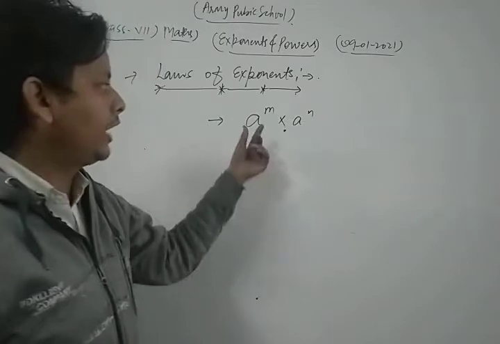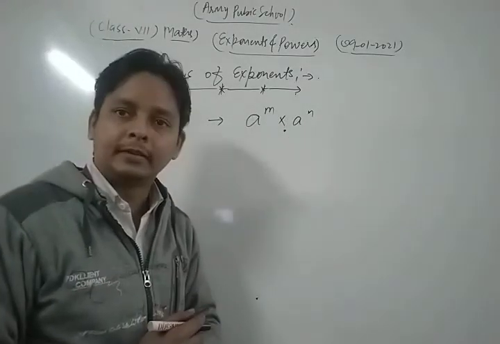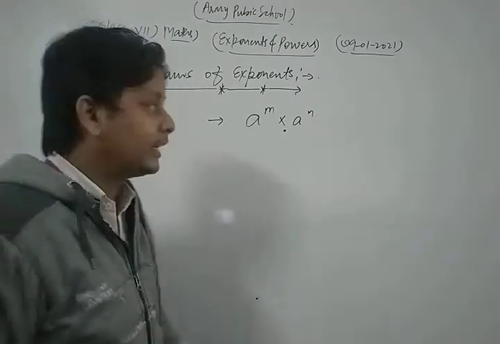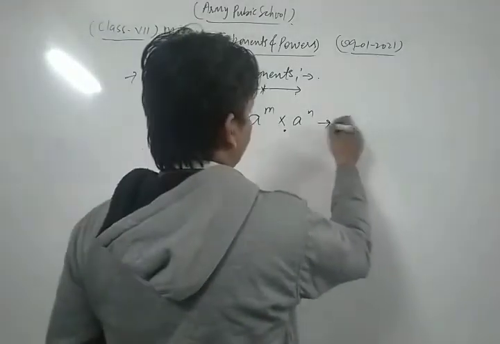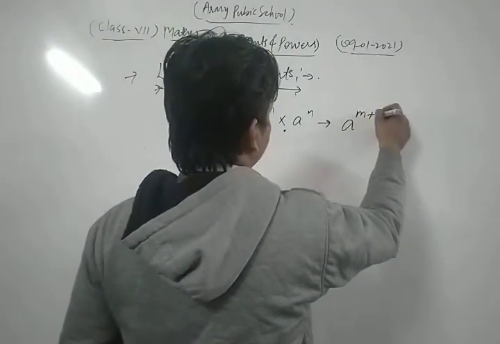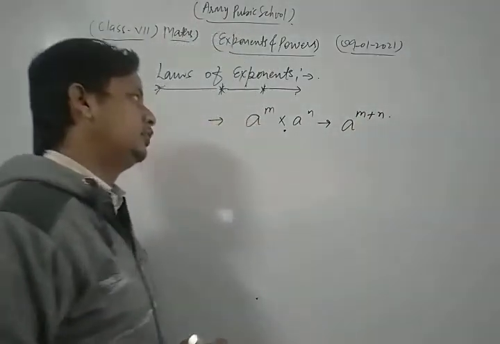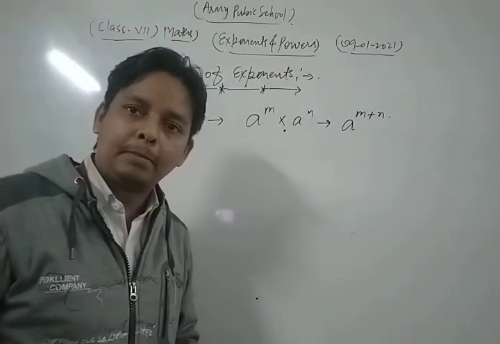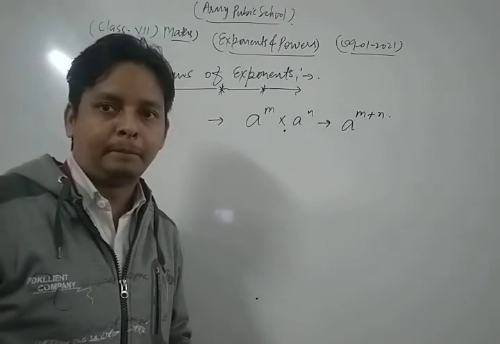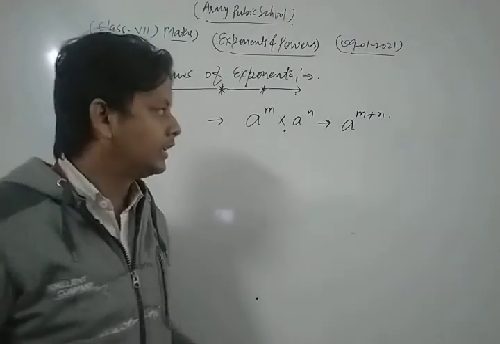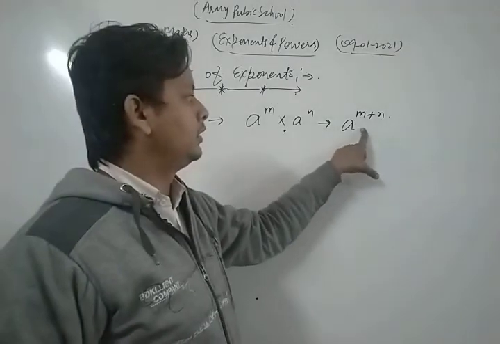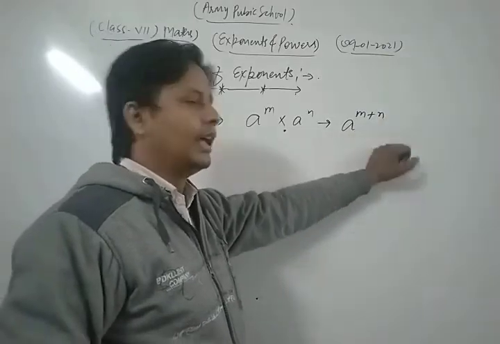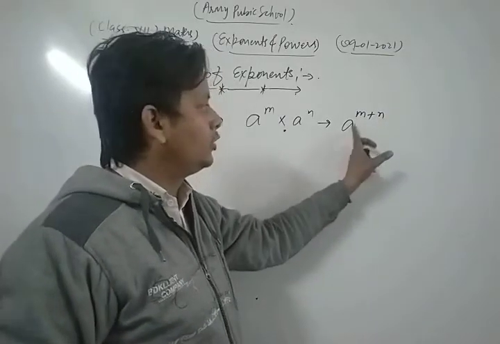Okay, now if we have a to the power m into a to the power n, then we can write the given expression in this way: a to the power m plus n. We can write a to the power m plus n.